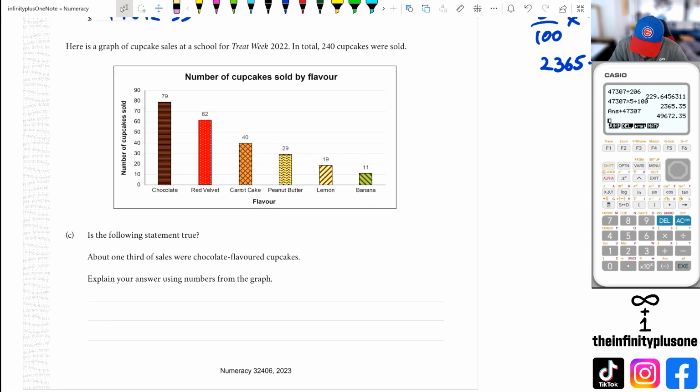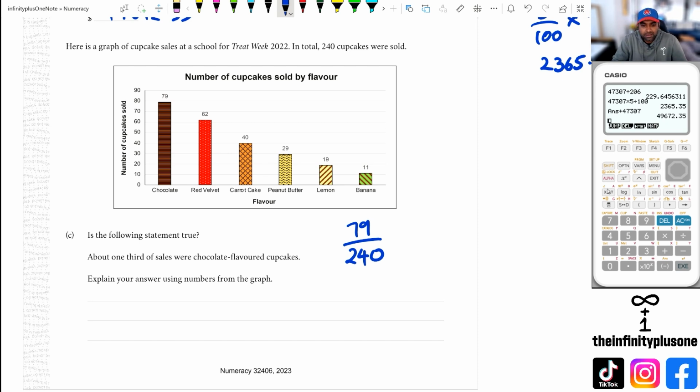What do we got? 240 cupcakes were sold. Is the following statement true? About 1/3 of the sales were chocolate flavored cupcakes. Explain your answer from the graph. So first off, we need to figure out what 1/3 is. We've got 240 that were sold, and 79 of it was chocolate, so we've got 79 out of 240.